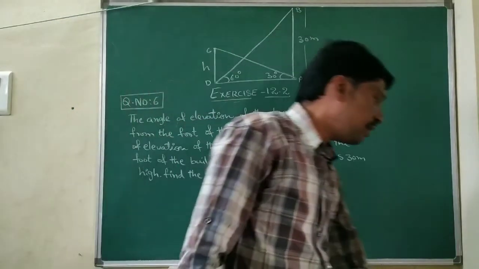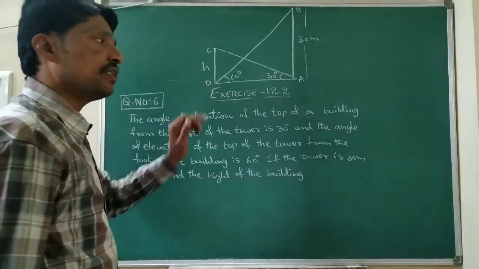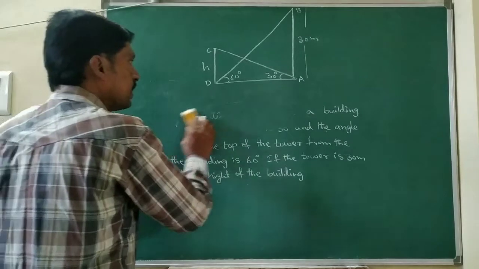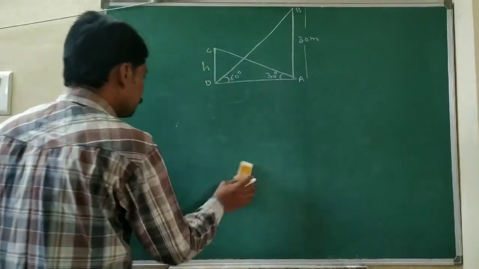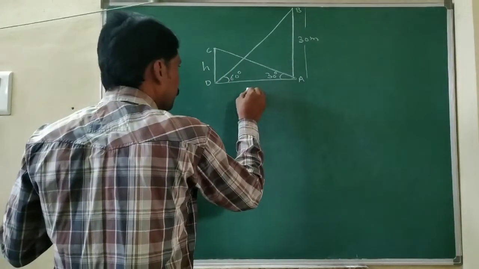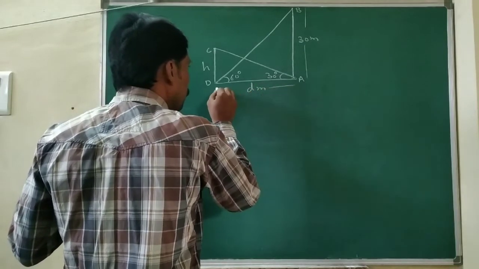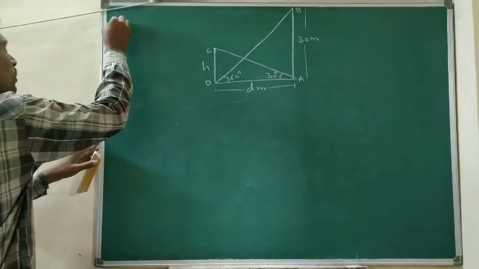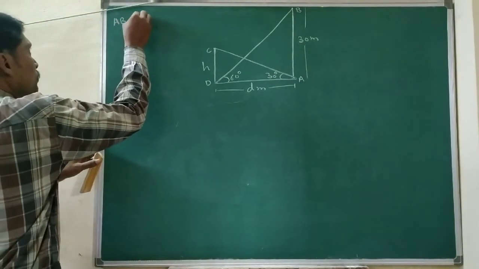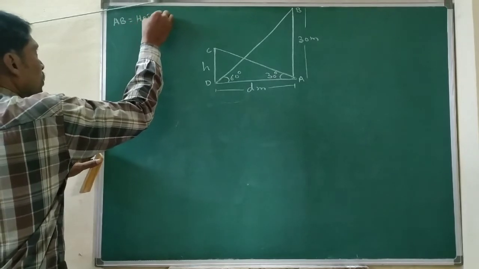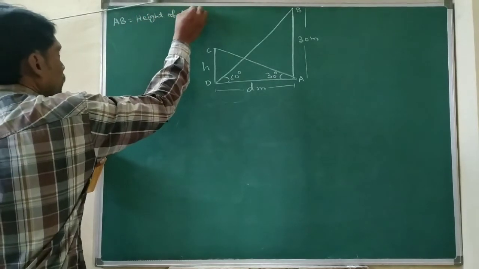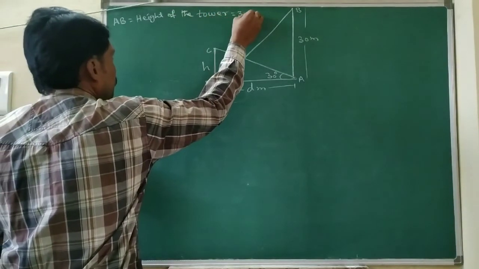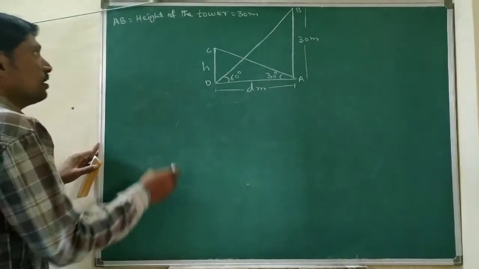So here we don't know the distance between the foot of the building and the foot of the tower. That is, we need to take D meters. So that is D meters, from the foot of the building to the foot of the tower. Now see here, AB equals the height of the tower, that equals 30 meters.